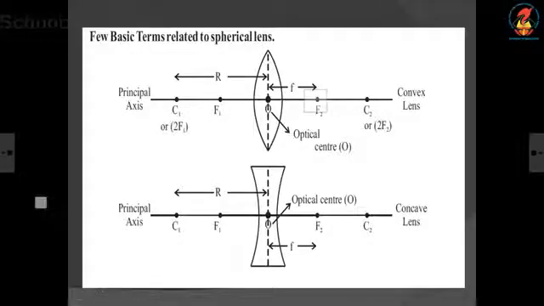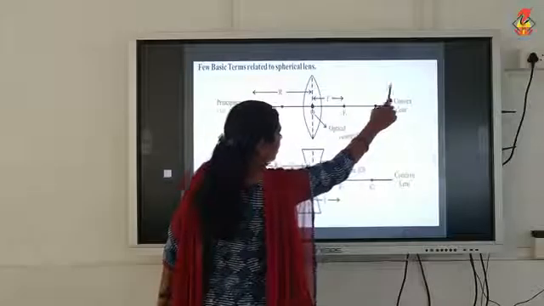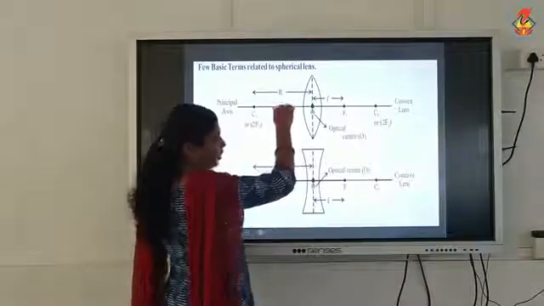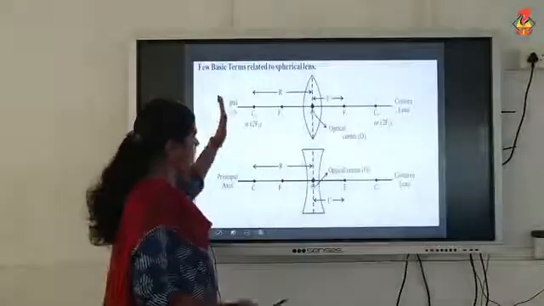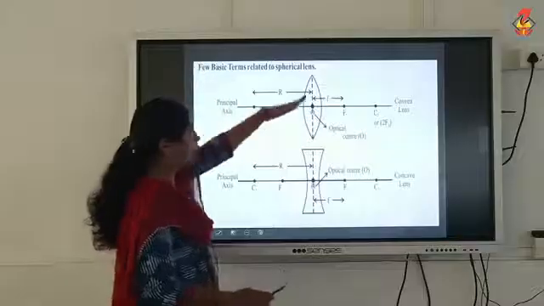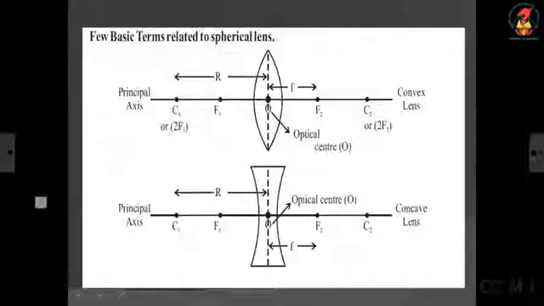If light is coming from the other side, you will get a focus at this point. So, if light is coming from left to right, you will get a focus at this point, and if light is coming from right to left, you will get a focus at this point.